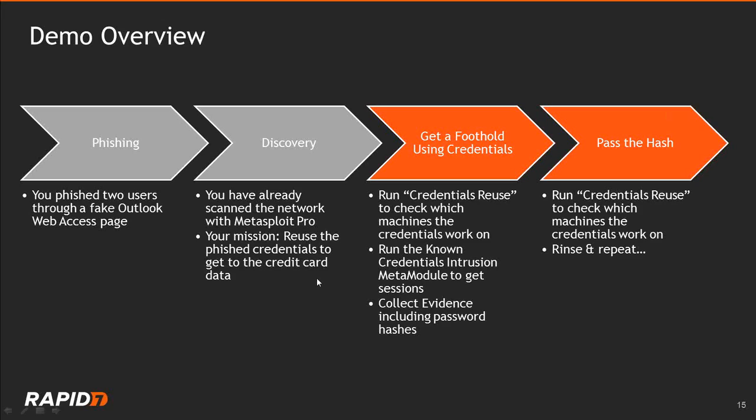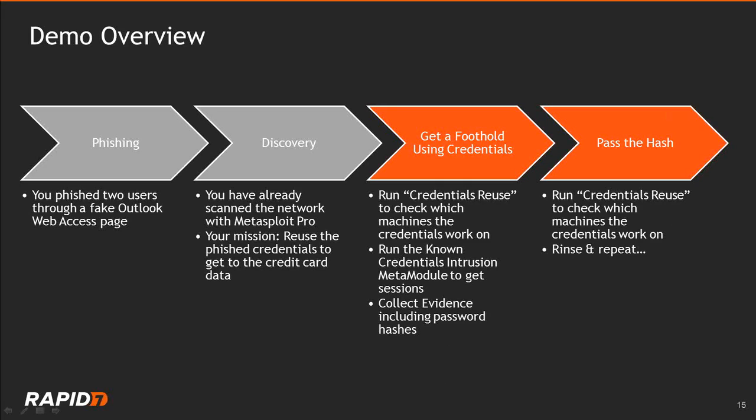It's not super exciting, and so we've already discovered this, and now what we're doing as part of the real demo is to actually do the credentials reuse feature. So we're going to add the credential to the managed credential list. We're going to reuse that against all of the machines on the network to see which machines they work on.